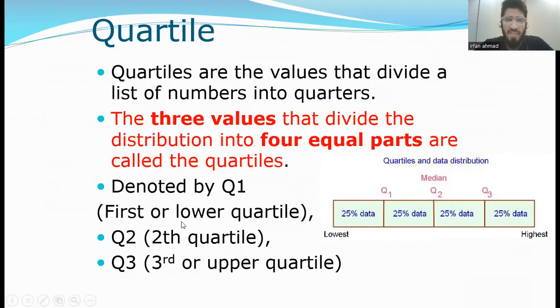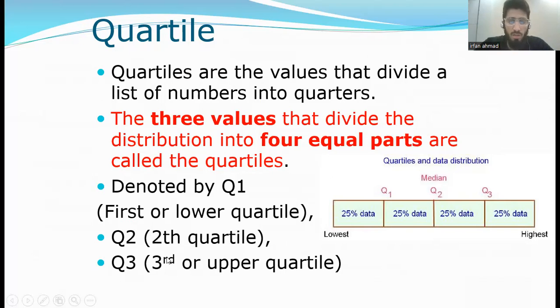Q2 is the point below which 50% of the data exist. This is called the second quartile. And the third quartile is the value below which 75% of the data exist.